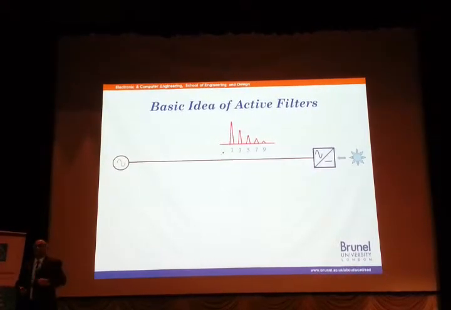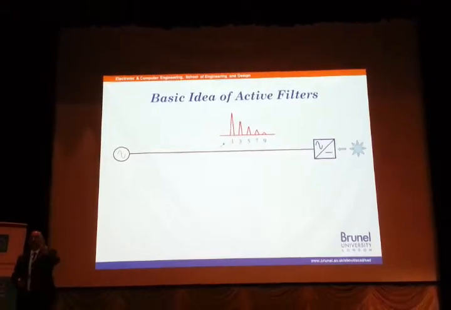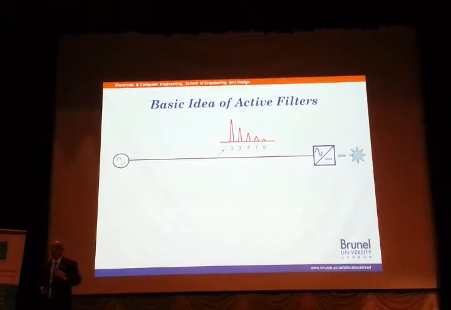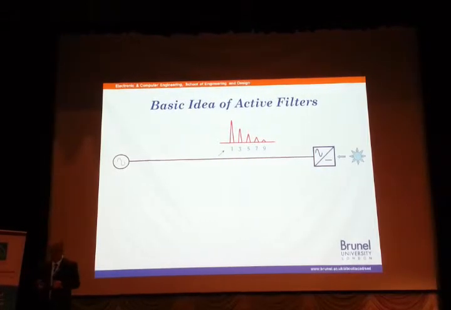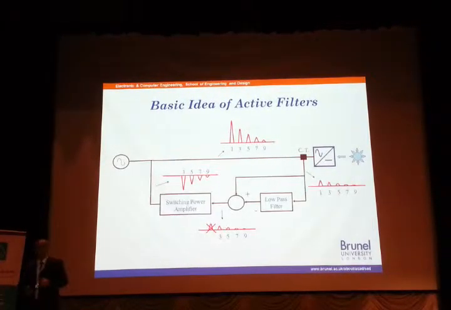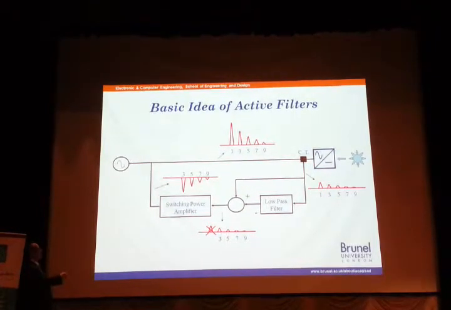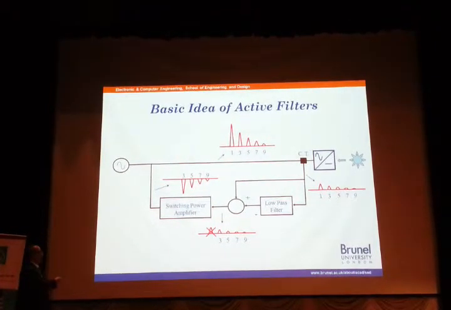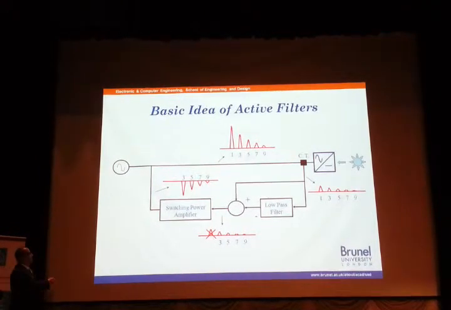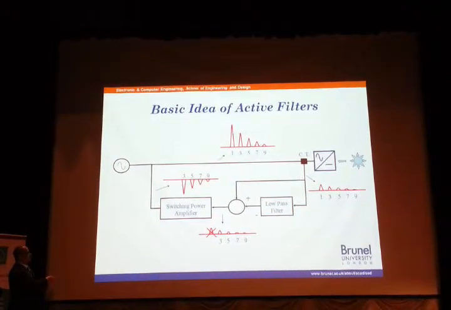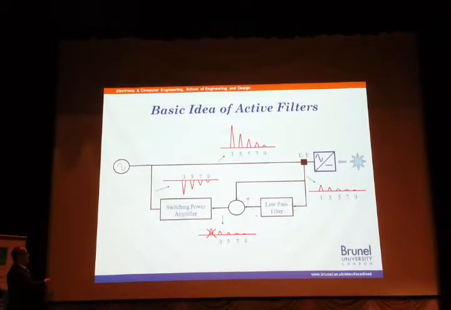And these are the harmonics in the frequency domain. We have the fundamental, third, fifth, seventh, and so on. We are only interested in the fundamental. I would like to cancel all the rest of the harmonics. So what we usually do, we take a sample of the current through a current transformer, and then we have a low-pass filter. This is very, very low power now. Talk about milliamps, okay? Low-pass filter there. So take away the fundamental component, so I have only the harmonics, and the rest of them coming from there.